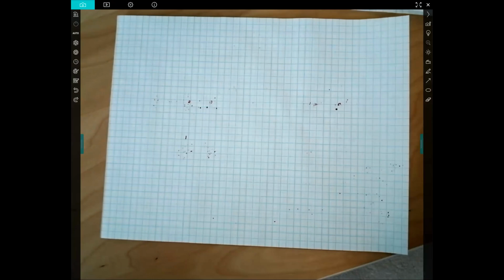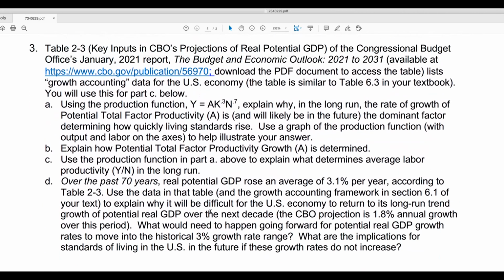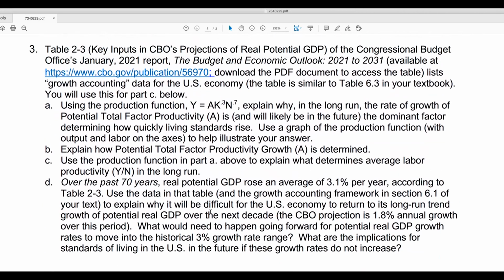Question 3. So you could just explain a little bit where you say explain potential total factor productivity, and how A is determined. Yes, please. That's actually pretty straightforward. We can answer that fairly quickly, I think.